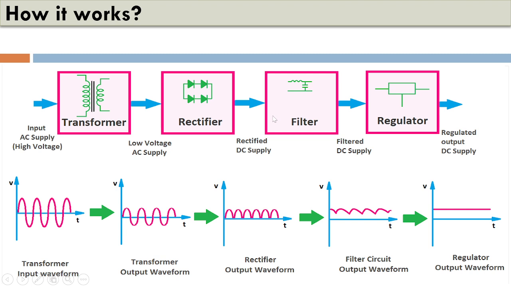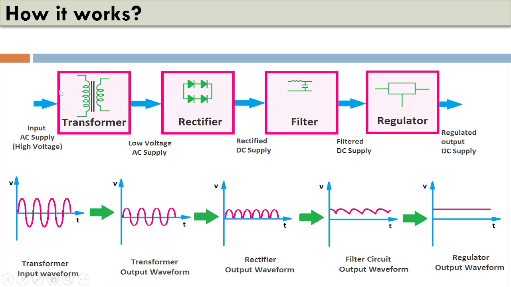But the line regulation of this is not that good. When the input falls considerably, the regulator fails to regulate the output at a fixed voltage. This is because we are trying to regulate the voltage on the secondary side of the transformer, and the secondary voltage is dependent on the input voltage.